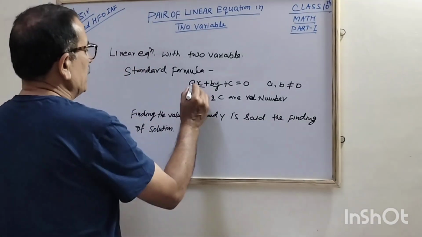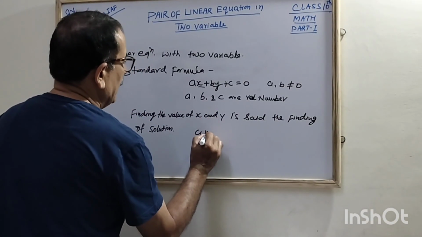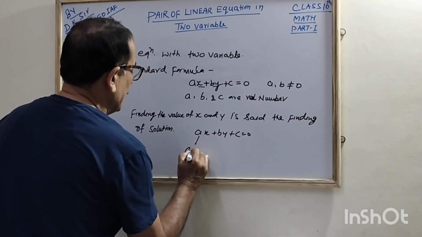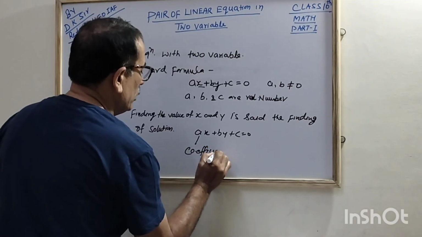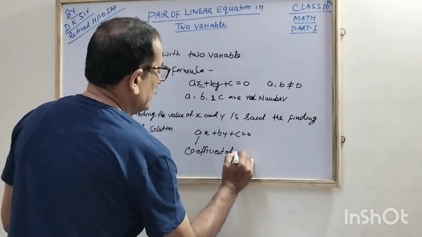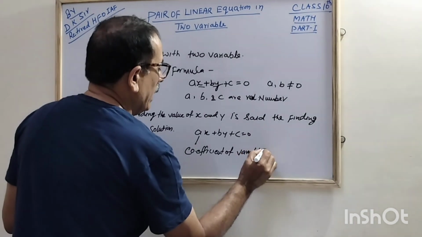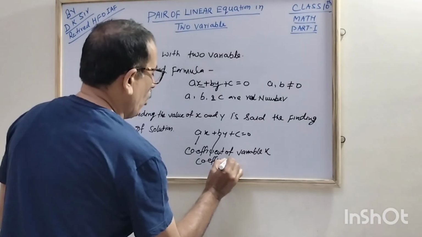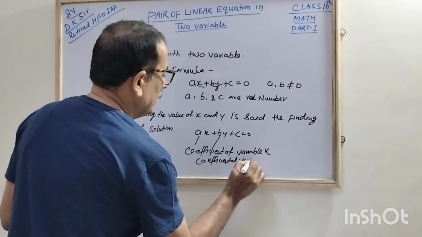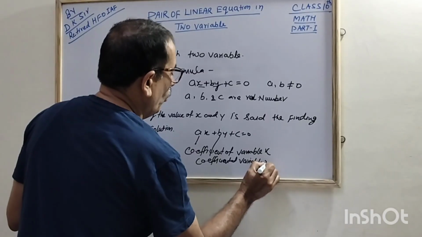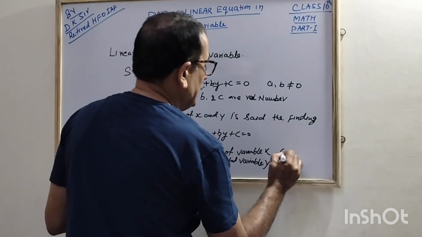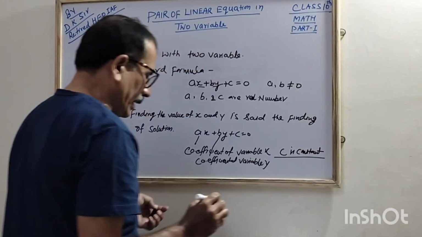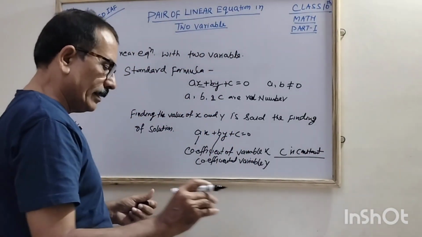Remember, in the equation ax + by + c = 0, a is the coefficient of the variable x, b is the coefficient of the variable y, and c is a constant. This we all are aware of. It was just a revision.